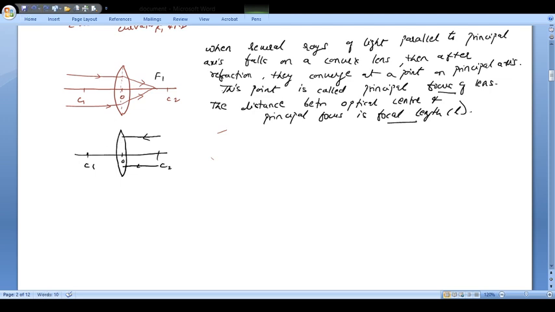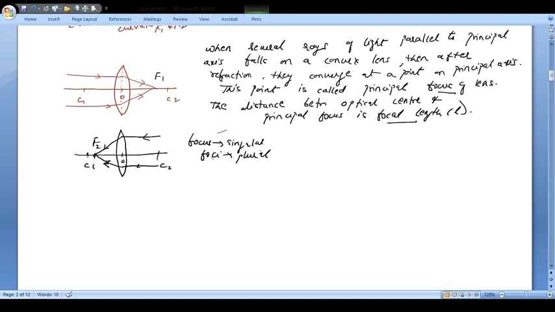Let us suppose this is the principal focus. So in this case, you will find that you have two principal foci. See, focus word is singular and foci is plural.